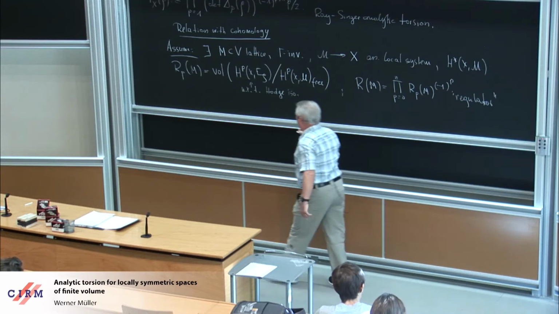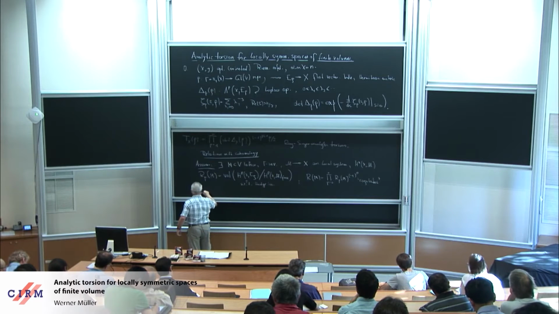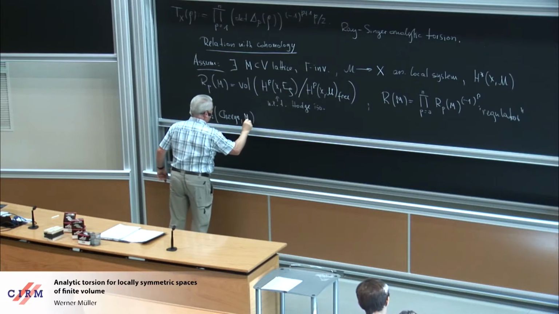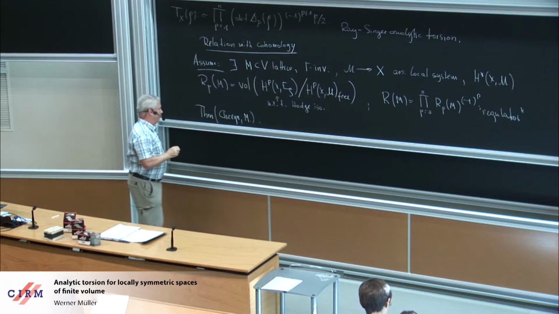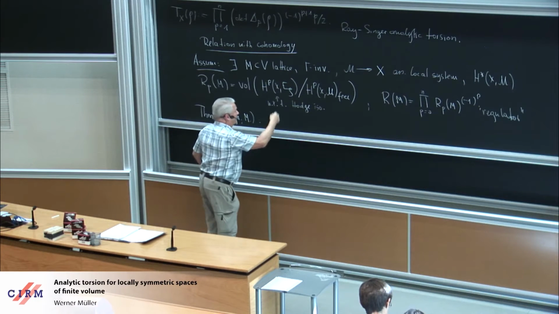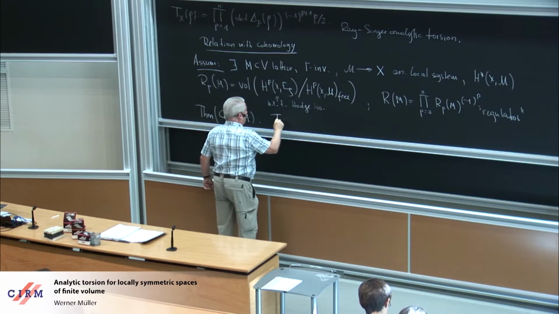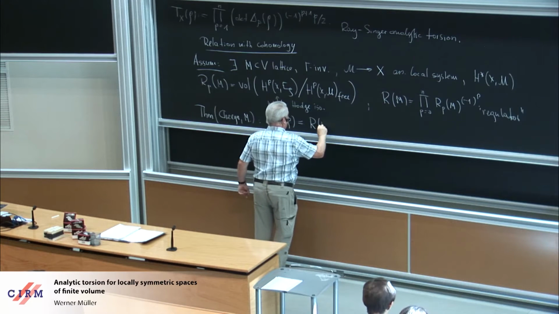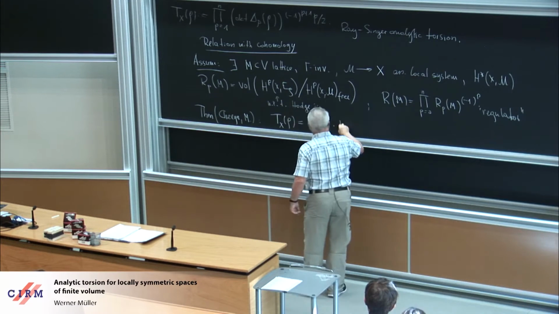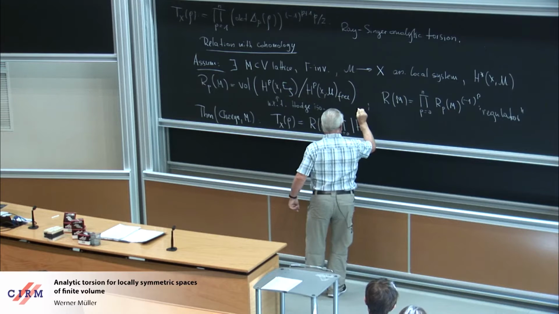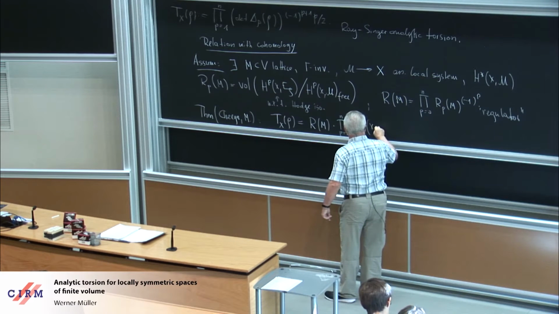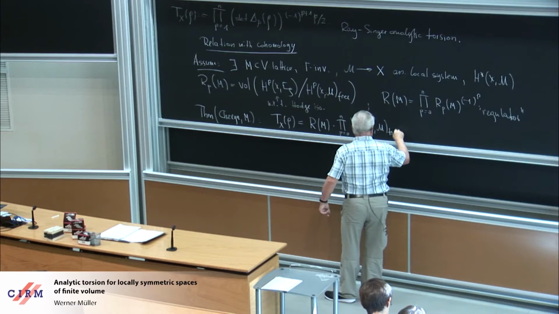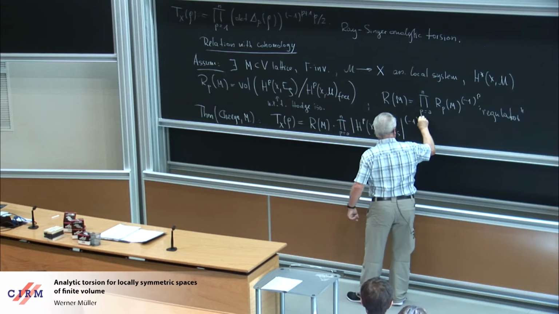And then we have the following theorem, which in a sense is due to Cheeger and Müller, well, which is a consequence of some more general result. It says, under these circumstances, the spectral invariant is equal to the regulator times the alternating product of the orders of the torsion groups.